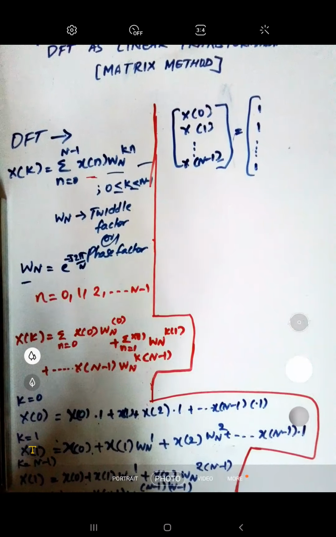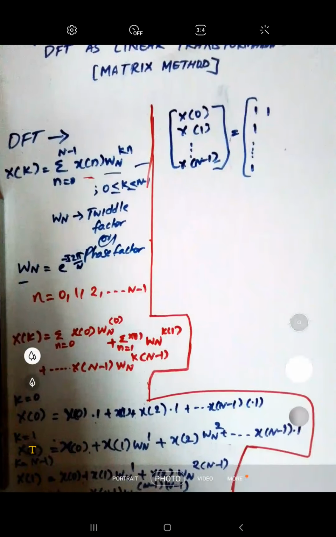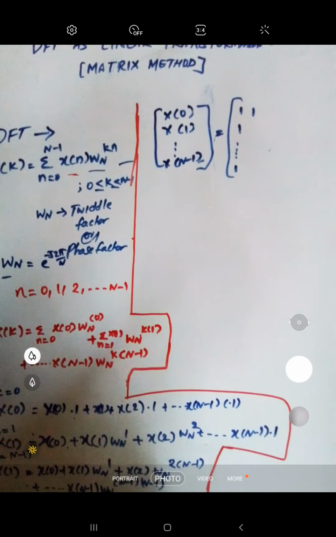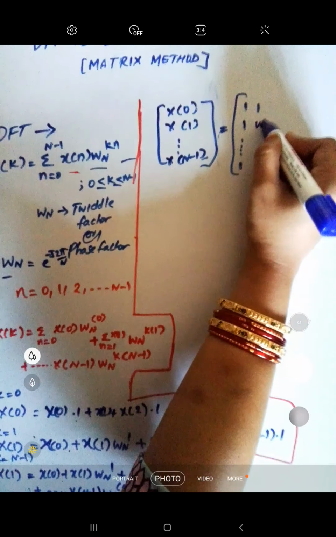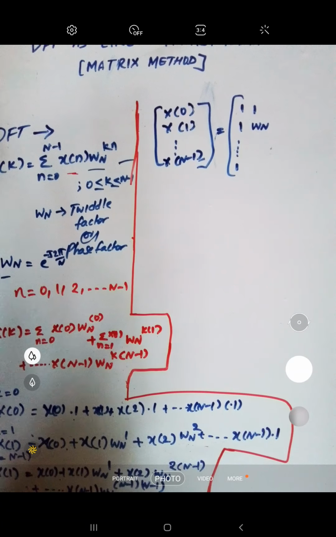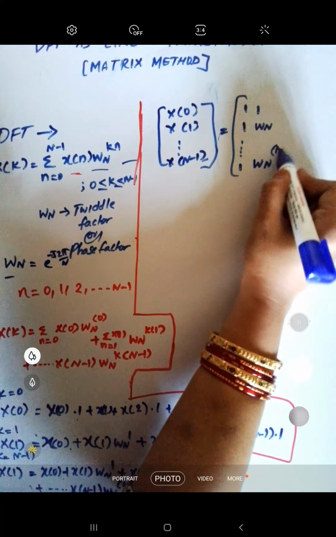In the first column, the W_N value is 1. In the second row, the W_N value is W_N. And similarly, at the N minus 1 column, the value is W_N to the power of N minus 1.